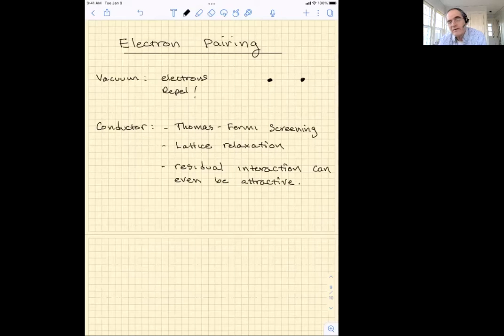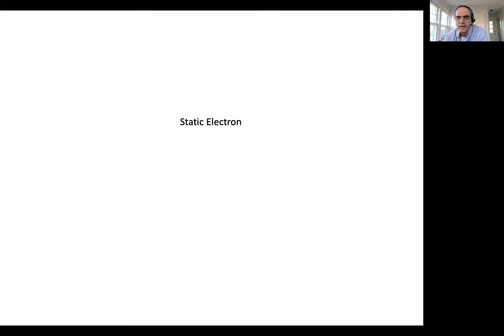This doesn't occur in the static case when the electrons are motionless, but it can occur when the electrons are moving. I think it's easiest to show you this with some cartoon pictures, which I'm going to share in a PowerPoint. One second. Here we go. So first, let's consider a static electron inside of our metal.